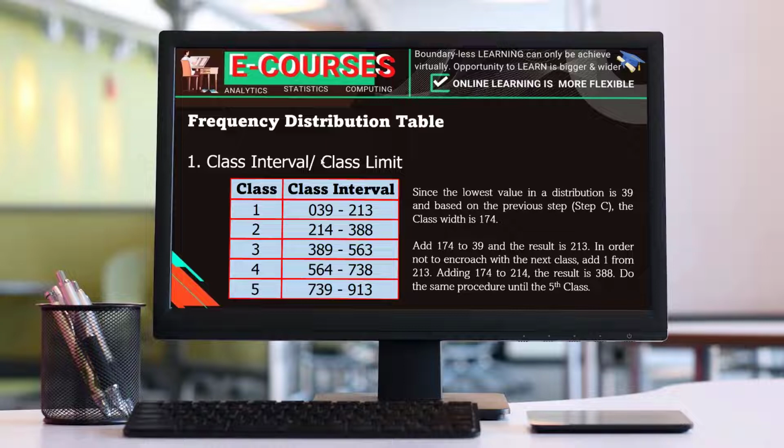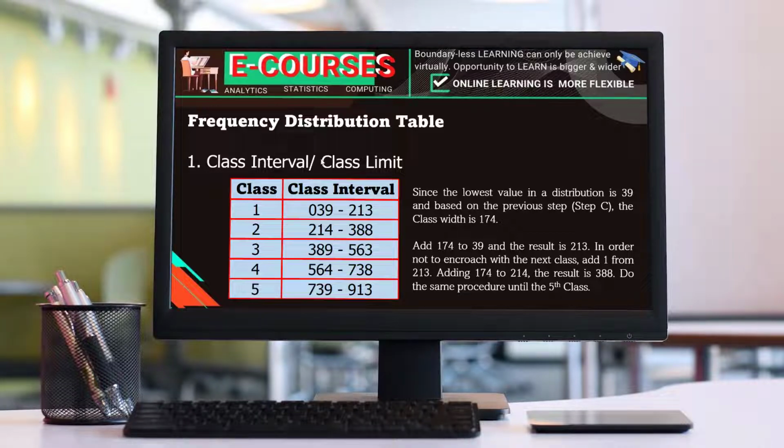So add 174 to 39, we will get 213. To compute the second class, we need to add 1 to 213 to avoid encroachment between each class. So 214 plus 174, we will get 388.